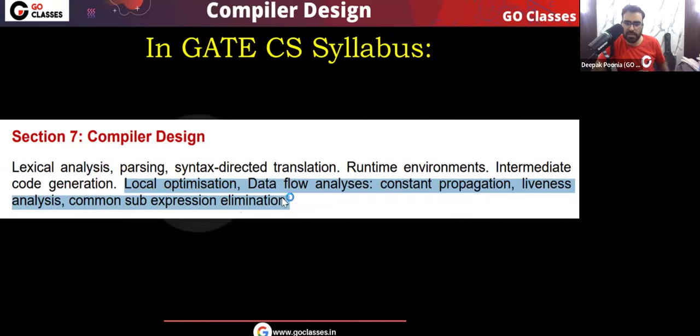Basically these are the global optimizations. Liveness analysis, constant propagation analysis, and common sub-expression analysis, all these three in the syllabus are basically global analyses. So in our syllabus we have local optimization and global optimization also.